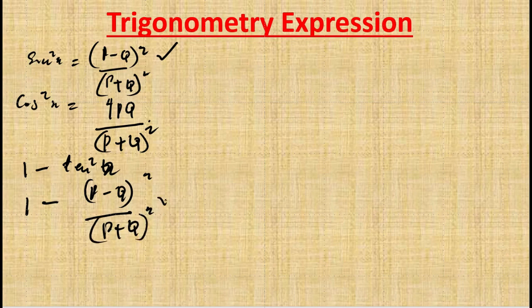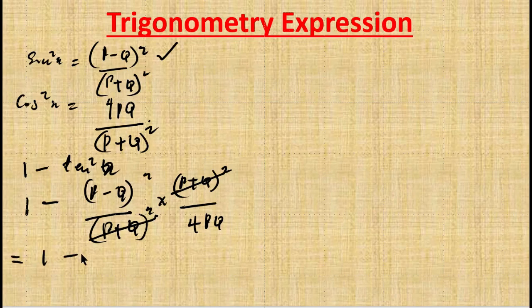Now because we are dividing, I just want to take it at once and do the multiplication. That will be (p plus q) all squared. I've inverted the cos squared, all over 4pq. (p plus q) all squared cancels (p plus q) all squared. So I'm left with 1 minus (p minus q) all squared all over 4pq.